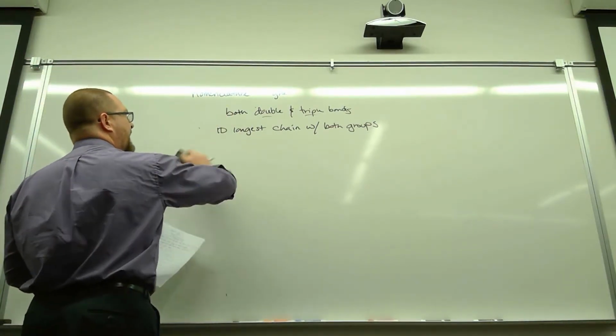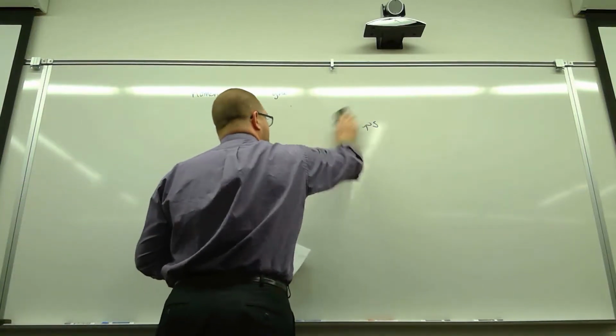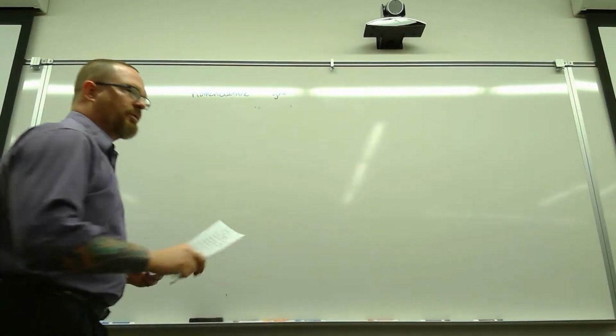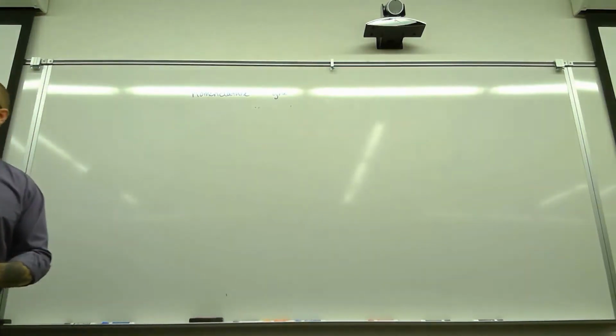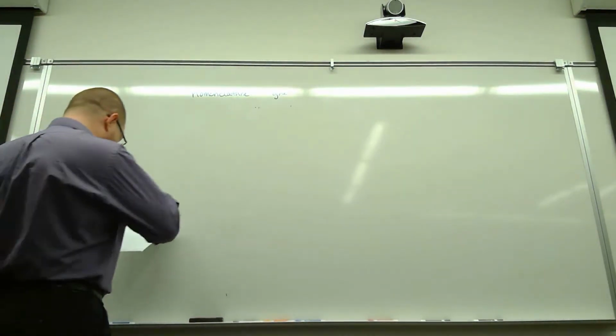So what happens if we have functional groups other than double bonds and triple bonds? Well, then we have to go to our list of prioritizations.